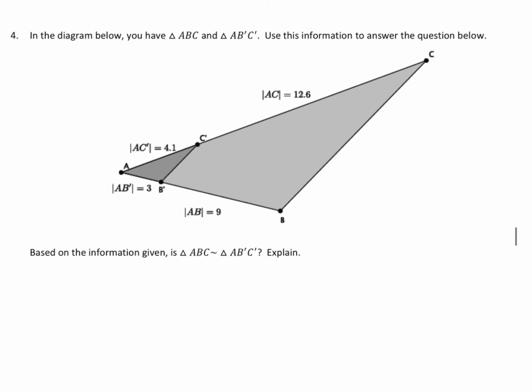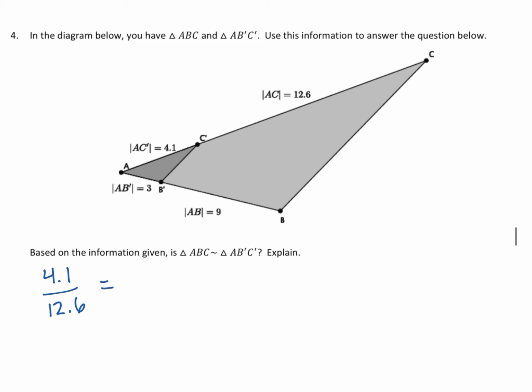In number 4, based on the given information, are they similar, and explain. This time we have AC and AC', and we have AB and AB'. To be similar, these side lengths need to have the same ratio.